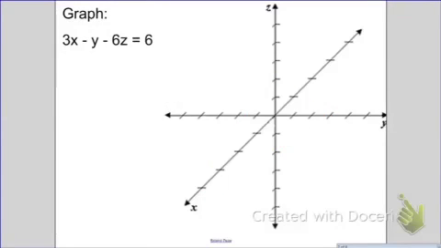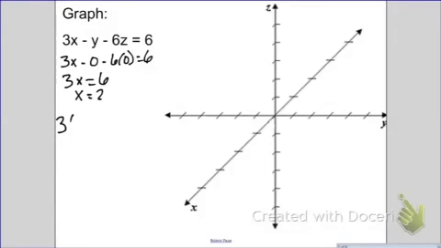So in this one, again, find the three intercepts. Keep x, 0 for y, 0 for z, and solve. 3x equals 6, x equals 2.